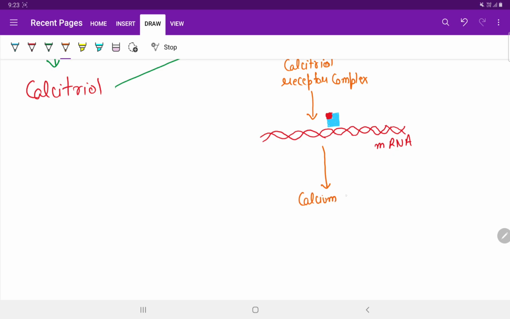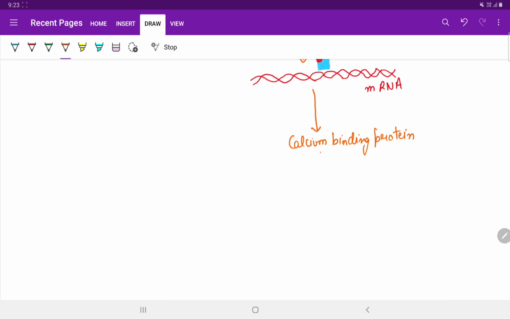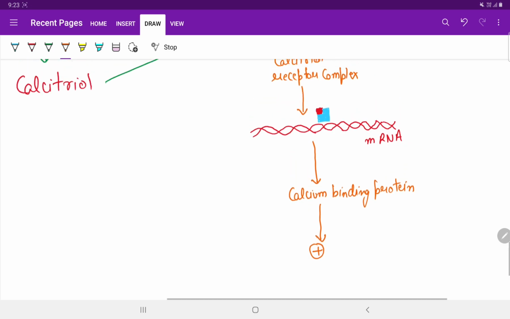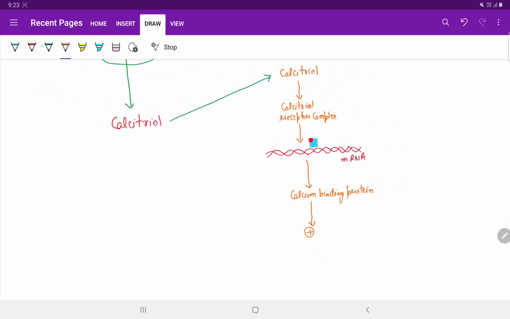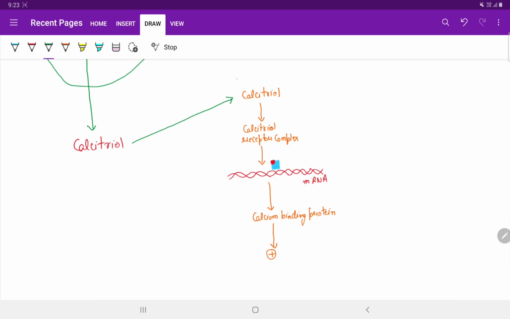This calcium binding protein formed inside the intestinal cell leads to the absorption of calcium.